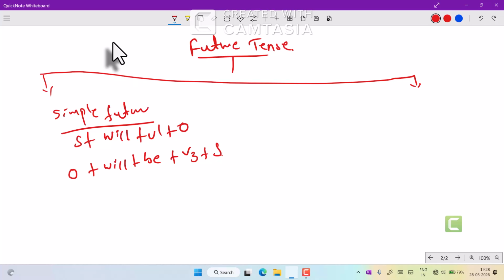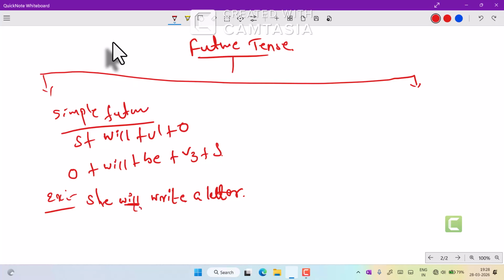Now, example: she will write a letter. In this, will is used there.